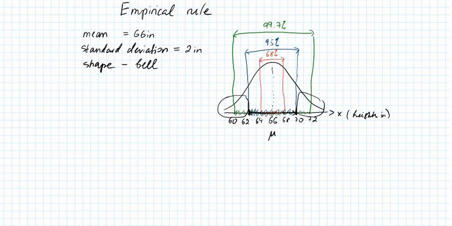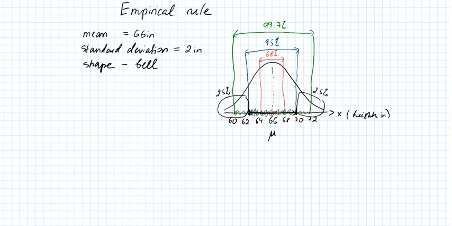So in the middle, that means on this side you'll have about 2.5% left, and on this side you'll have about 2.5% left. 2.5% or 5% total is not such a big likelihood, which means yes, you could have people that are taller than 70 inches and shorter than 62 inches, but there's only a 5% chance that they're going to fall above 70 or below 62, which makes it an unusually small percentage of people.